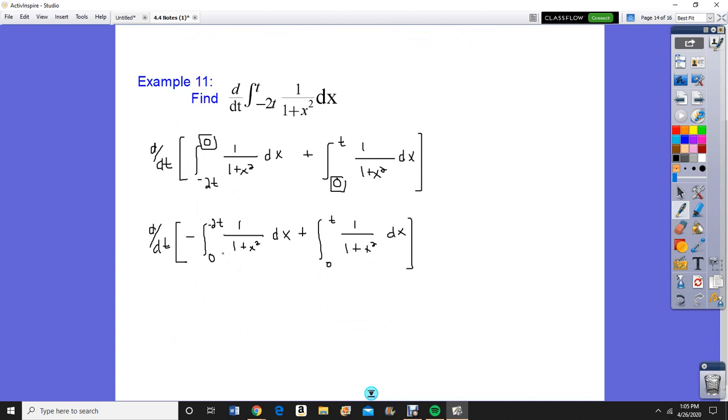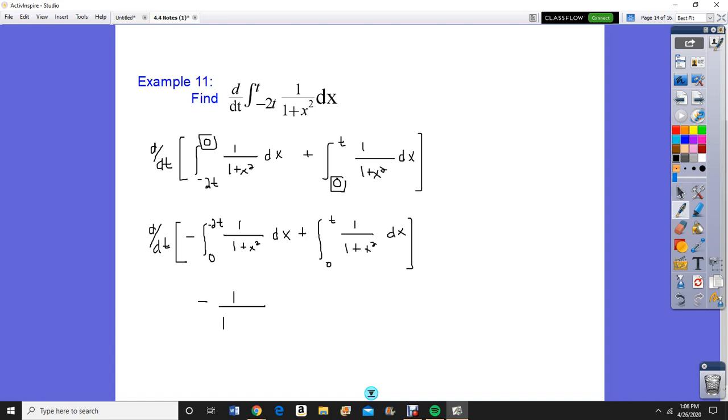And now, taking the derivative of our two integrals, the constants are on the bottom. I will take this negative, bring it down. I will replace the x in this expression with a negative 2t.